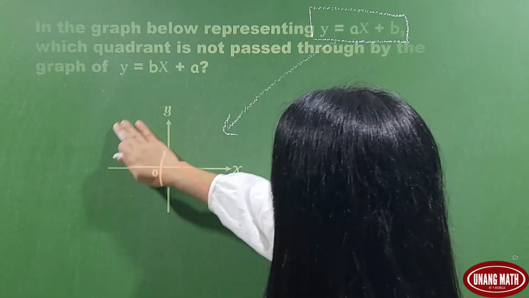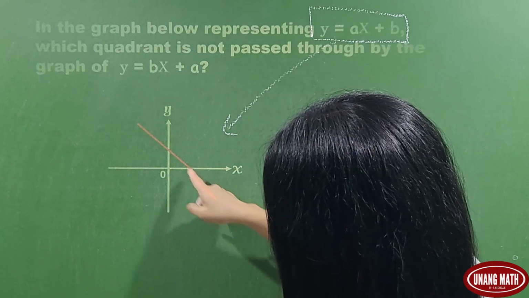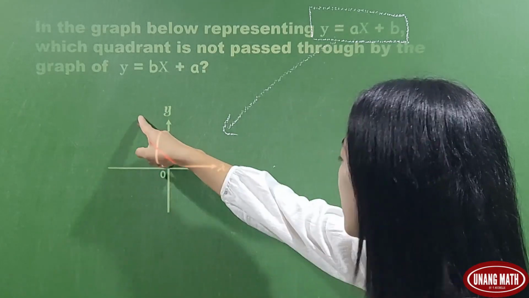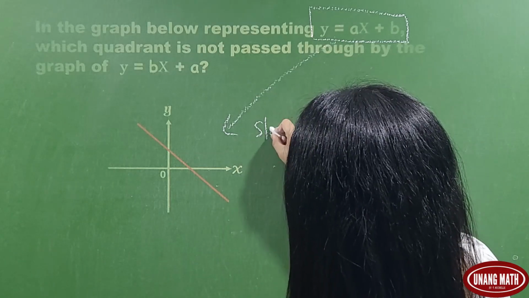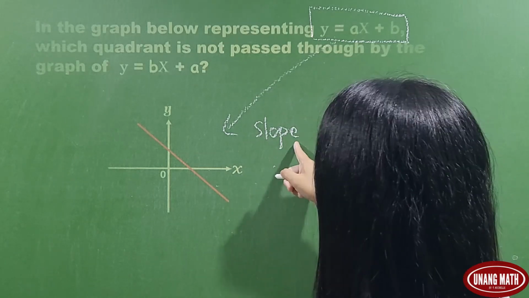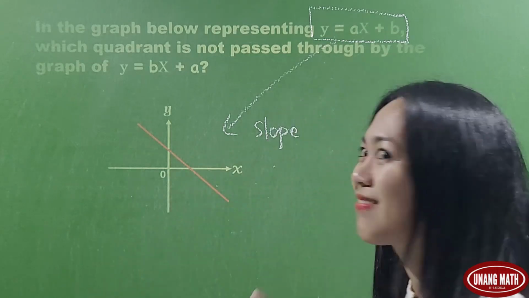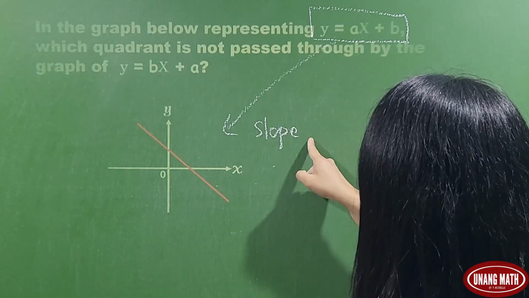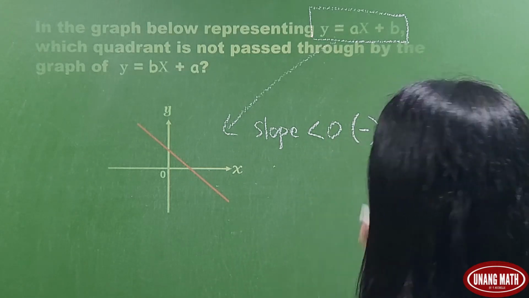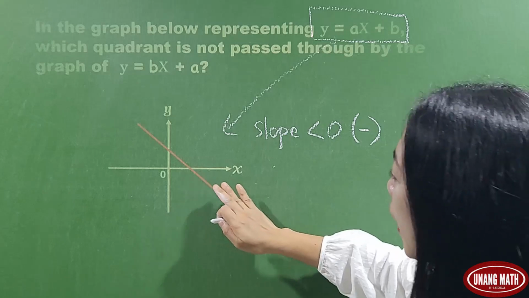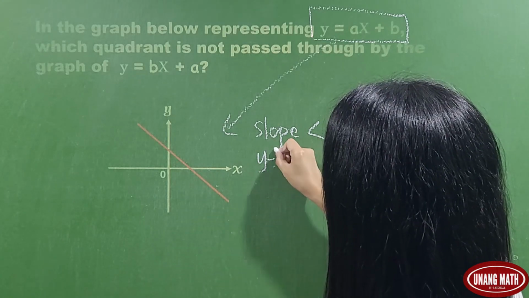If we take a look at this graph, since the graph slopes downward, that means the slope, or the value of a, is a negative number. So the slope is less than 0. What about the y-intercept?